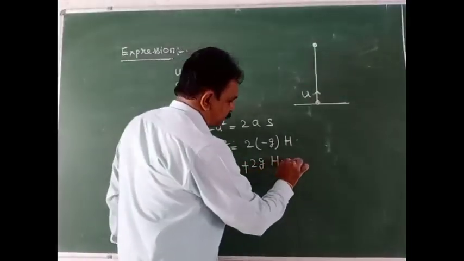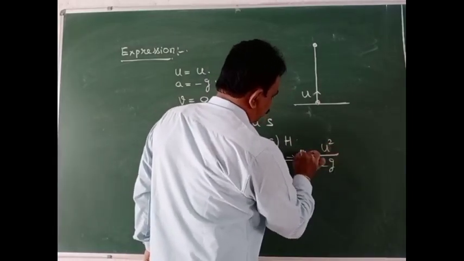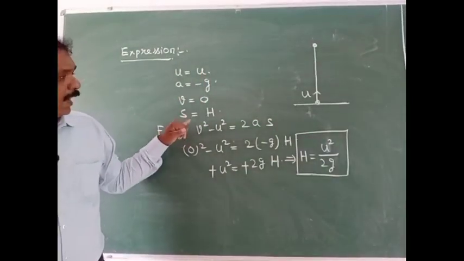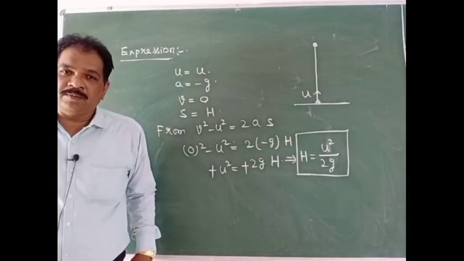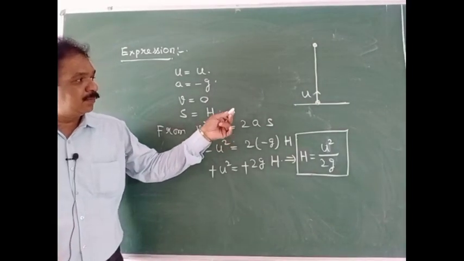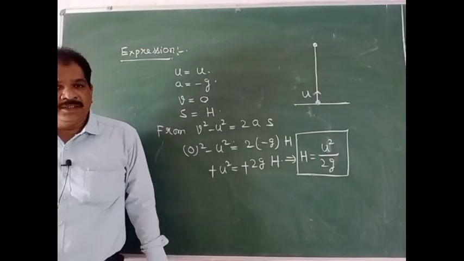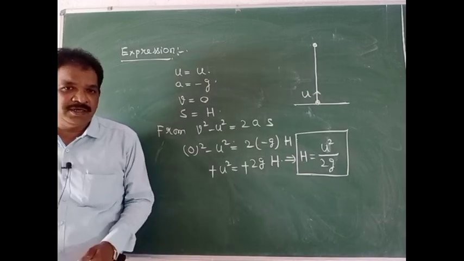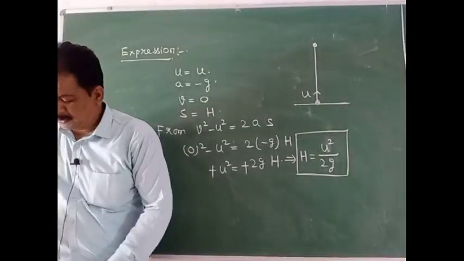Minus minus becomes plus. h is equal to u square by 2g. Maximum height formula, h is equal to u square by 2g. So the maximum vertical distance traveled by a body is called its maximum height.